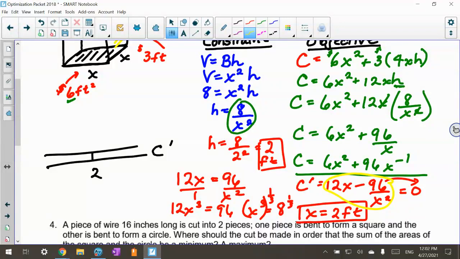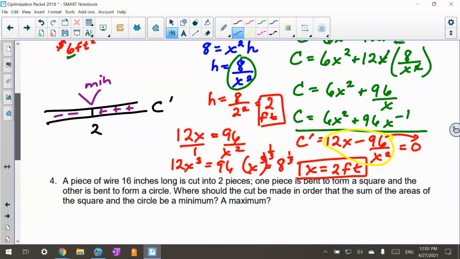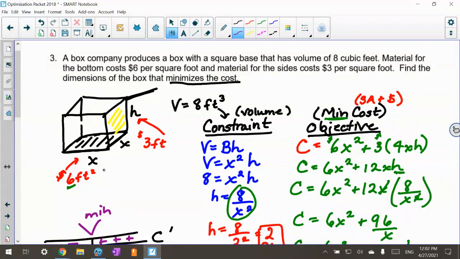And if you do this, you're going to see that it's negative here and positive here. So it truly is a minimum cost. So this is saying that our box is going to be 2 feet by 2 feet, and the height is also 2 feet. So 2 by 2 by 2 is the shape of this box.